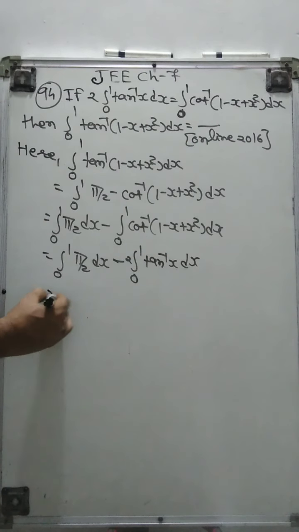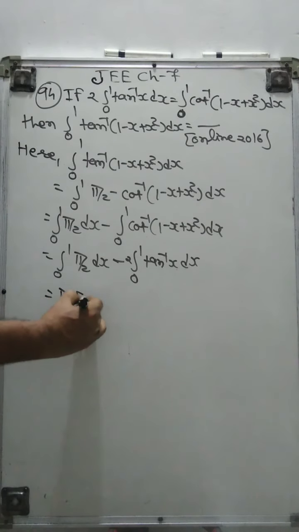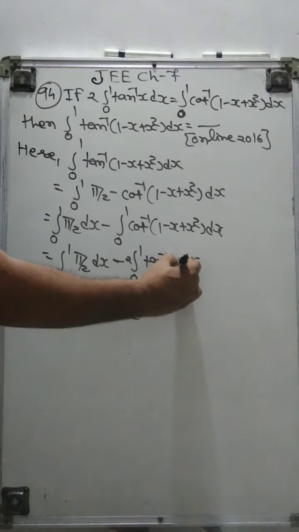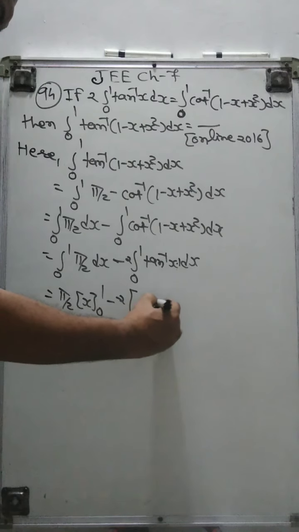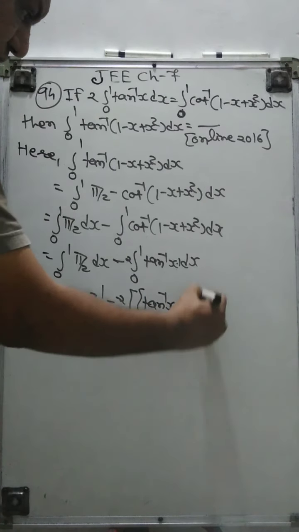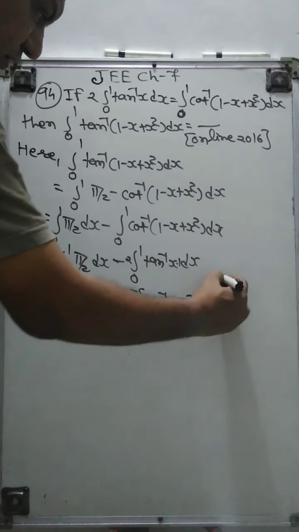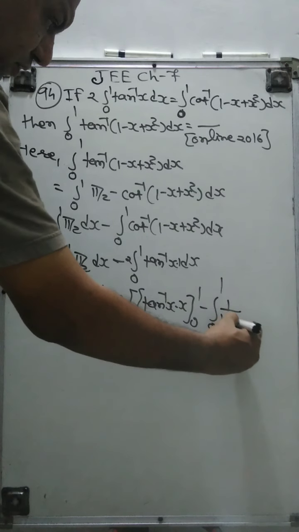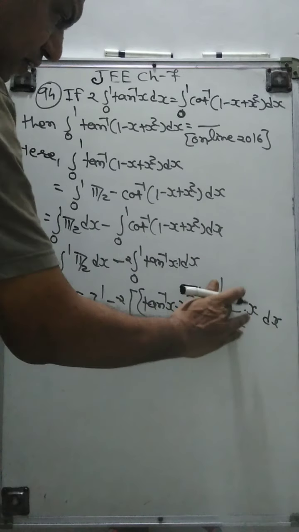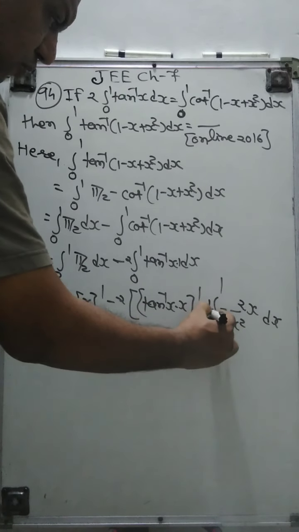Now this is pi by 2 x from 0 to 1 minus 2. Here we take 1 first as it is, integration of second, minus integration of derivative of first, integration of second. We put as it is. We multiply and divide by 2.